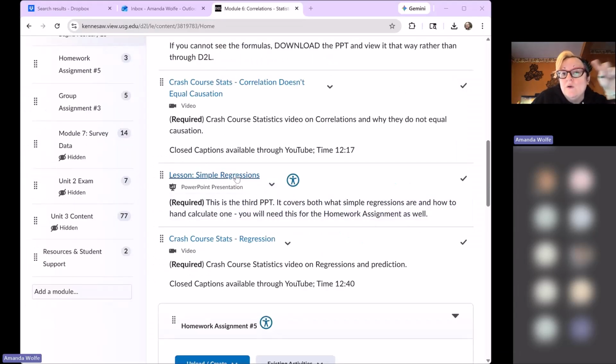Then there's also a PowerPoint on regressions and a crash course video on regressions, because that's the other part of the content. So you're also going to go over the lesson that's on regressions. And again, what I want you to be thinking about is regressions may sound scary, but all you're doing is you're saying, hey, these two variables are related to each other. They are, because I've already done the correlation.